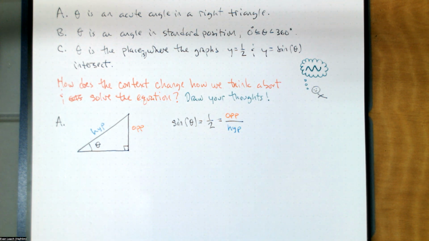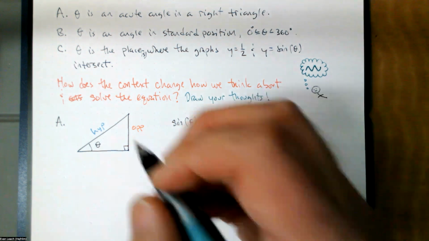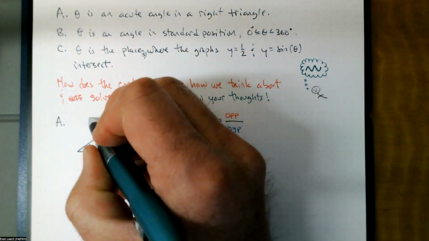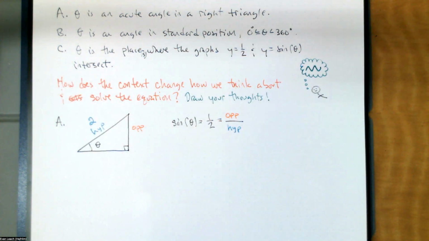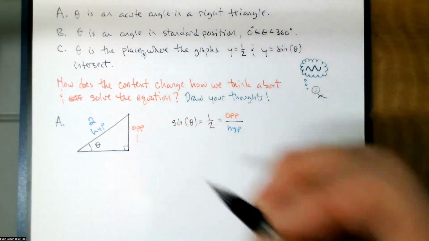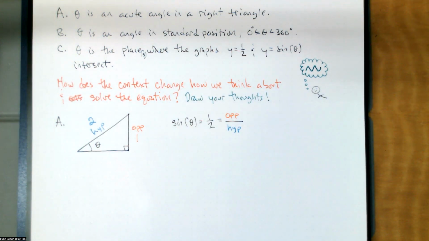We can make a hypotenuse of 2 and an opposite of 1. We can just pull the fraction apart and say the opposite is 1 and the hypotenuse is 2. We can also make the hypotenuse equal to 1 and the opposite equal to 1/2.